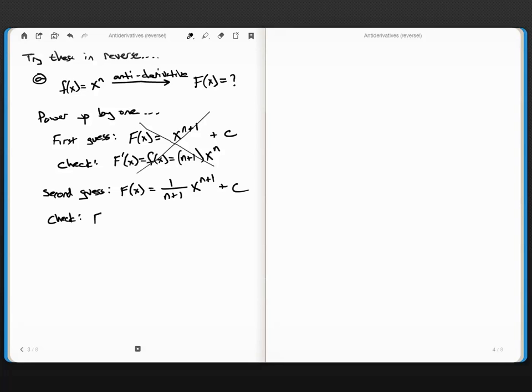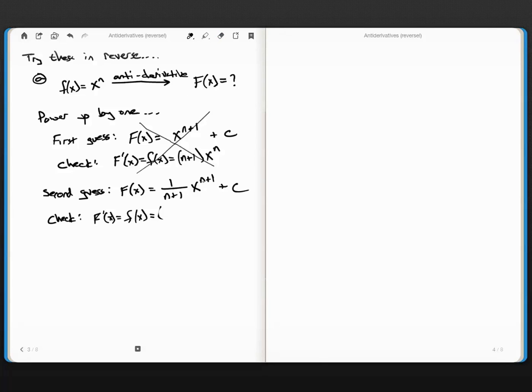So my big F prime of x, which should equal my f of x, equals, how does this work again? Okay, the power comes out front, so it's n plus 1. Yep, come back. Yeah, that's a little sloppy. I'm probably not going to edit all these little things out here, guys, just because it takes me so long.